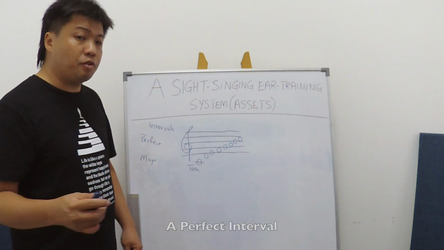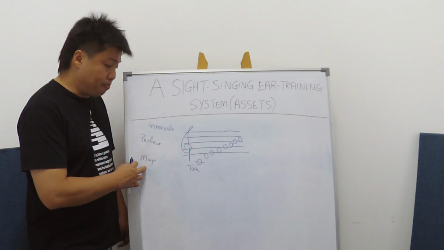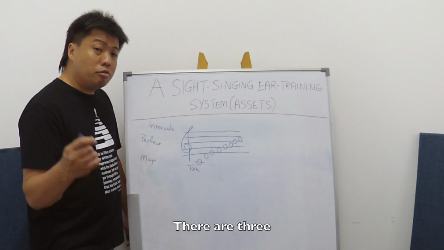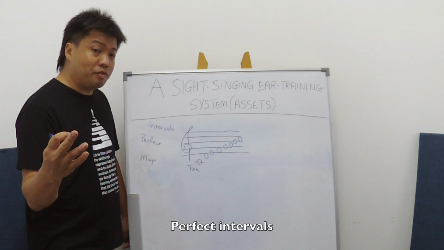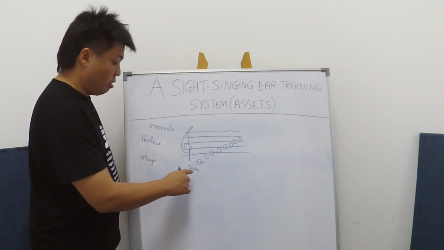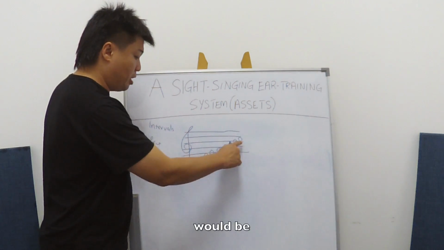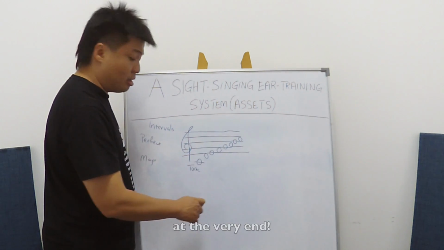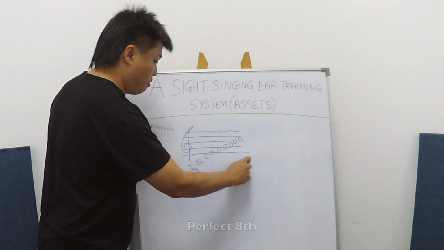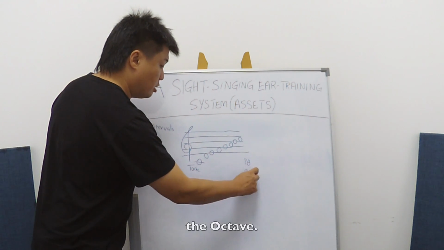The perfect interval is an interval that is neither major nor minor. There are three perfect intervals within a melodic scale. From tonic itself, the most obvious one would be at the very end. It's known as the perfect eighth, also known as the octave.